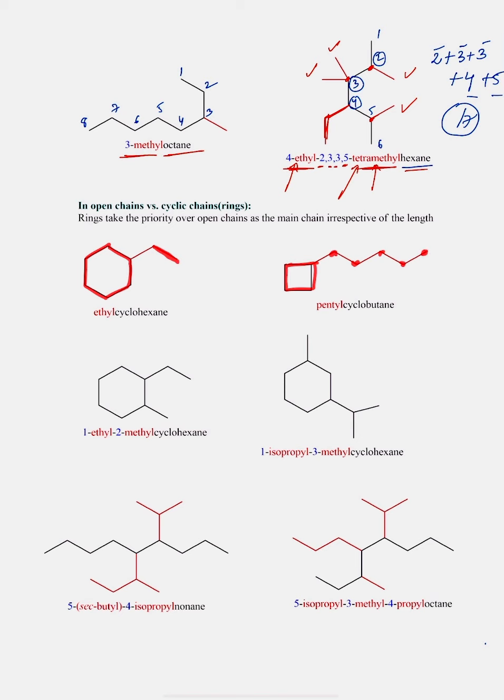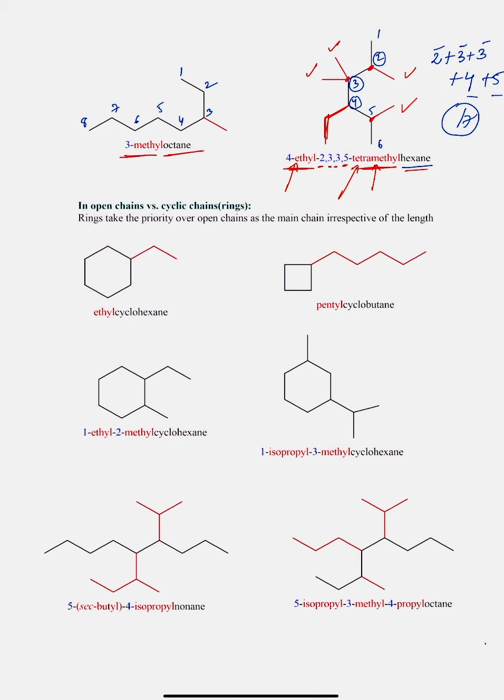Here the straight chain is longer than the ring, but still the status of the parent chain goes to the ring, which is cyclobutane, and in the first structure it was cyclohexane. That means no matter how long the straight chain is, it is always given the status of a substituent and not the parent chain. The parent chain is always the ring or the cyclic part of the structure, no matter how small or how big it is. That's how the rule is.